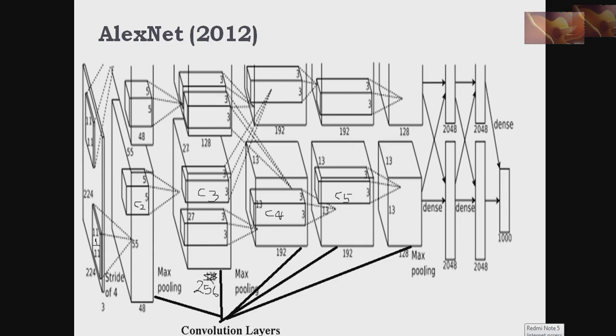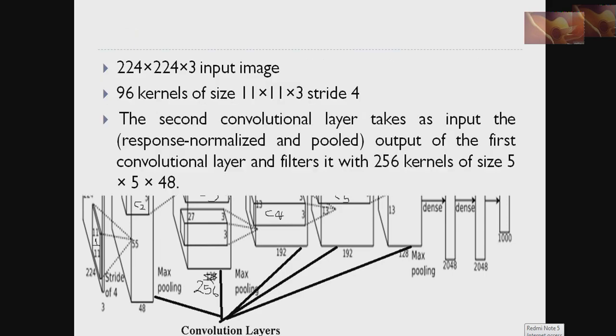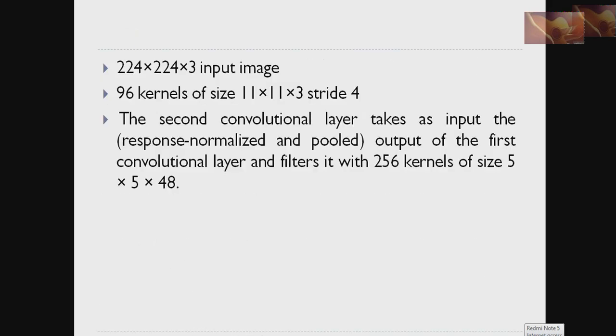In 224, stride is 4, and the first layer which uses this, I have written 224, see, it is a 3D image.